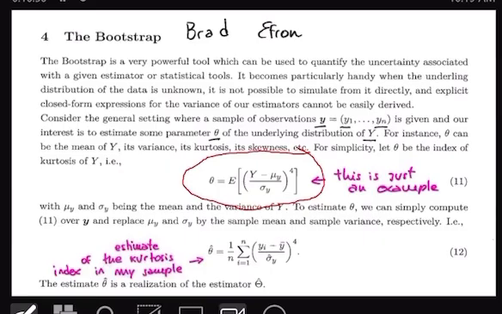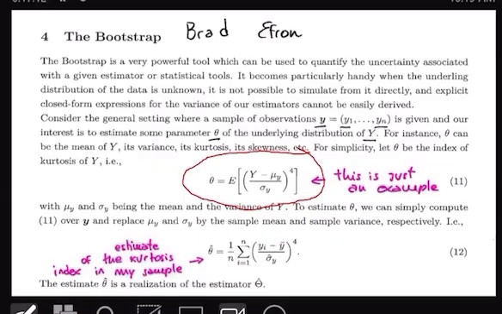Then the variance of y is sigma square y. From the traditional statistics class, you have the expected value of y squared minus the expected value of y, squared. You're only going to get access to this if you know the probability density function.